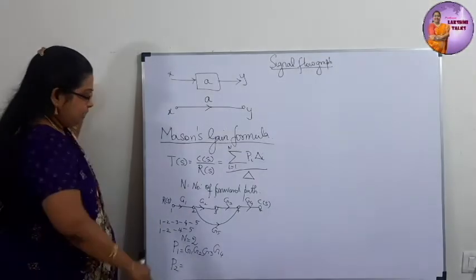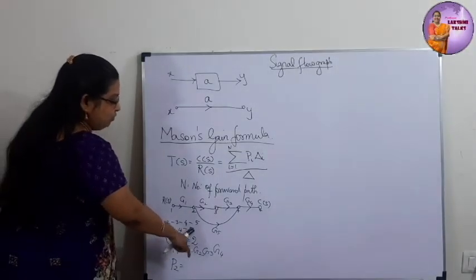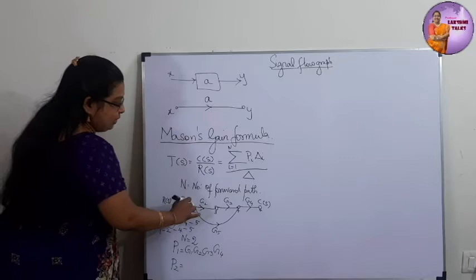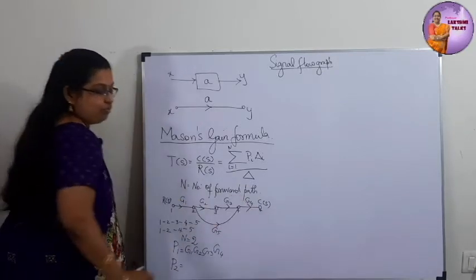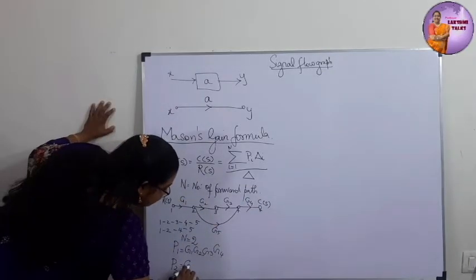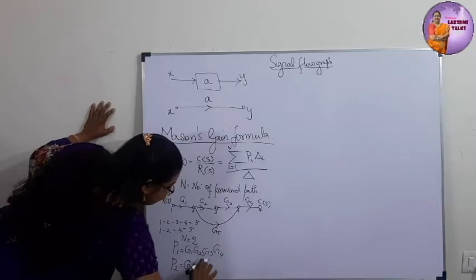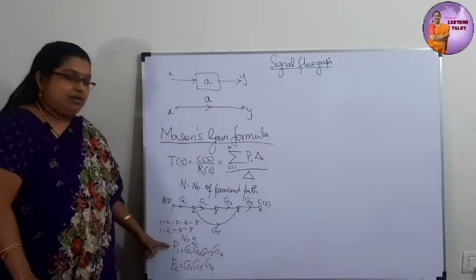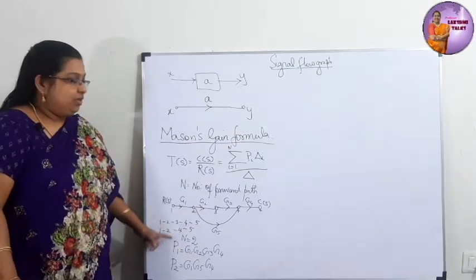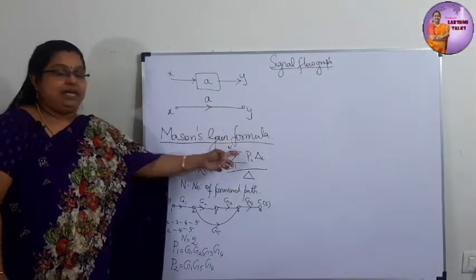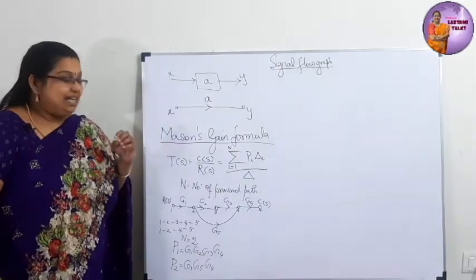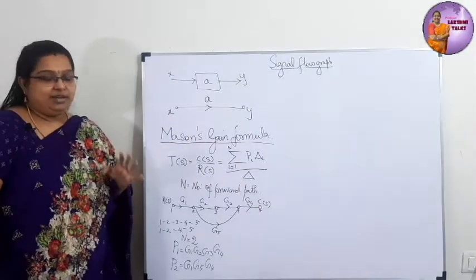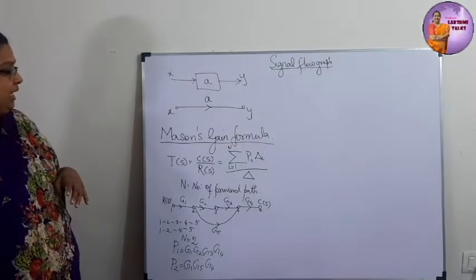The other way is 1 to 2, 2 to 4 and 4 to 5, so that is G1 into G5 into G4. So N is the number of forward paths and Pi is the ith forward path gain.